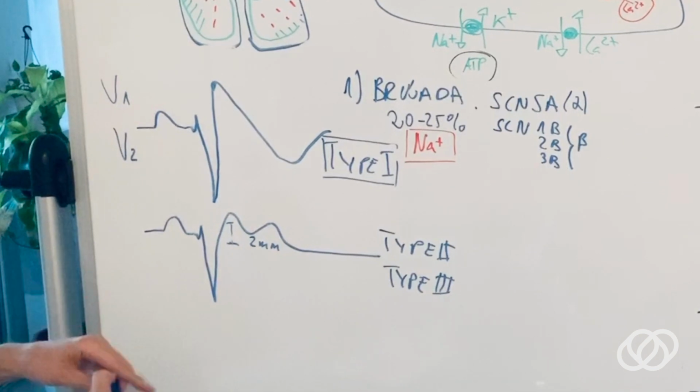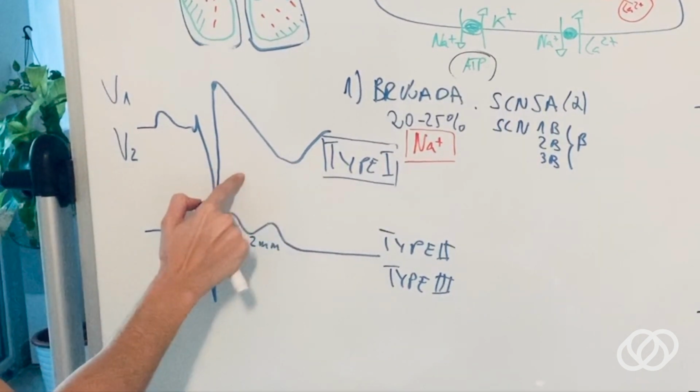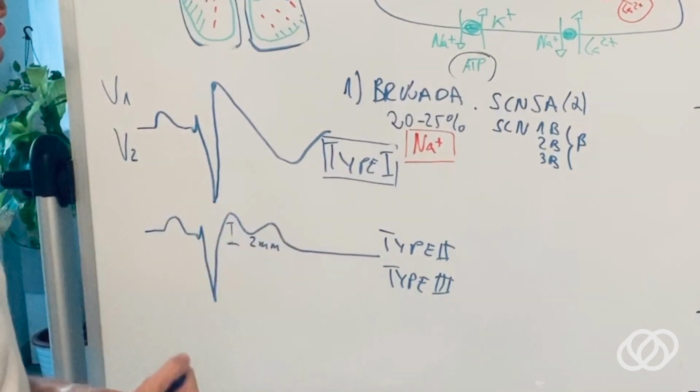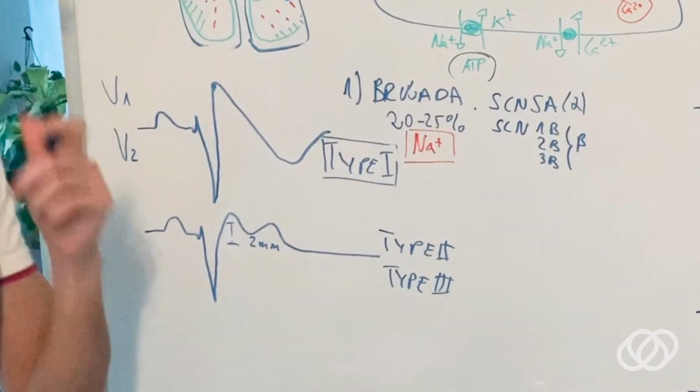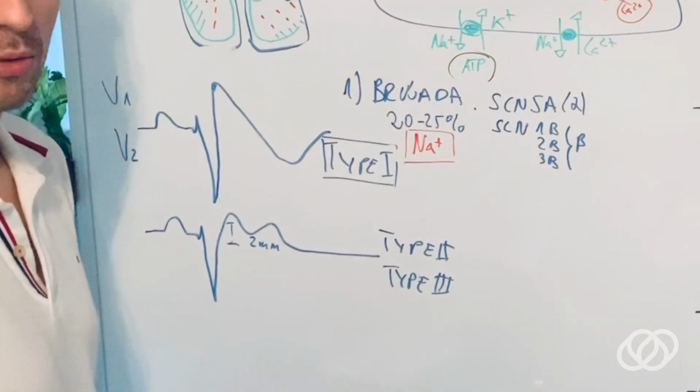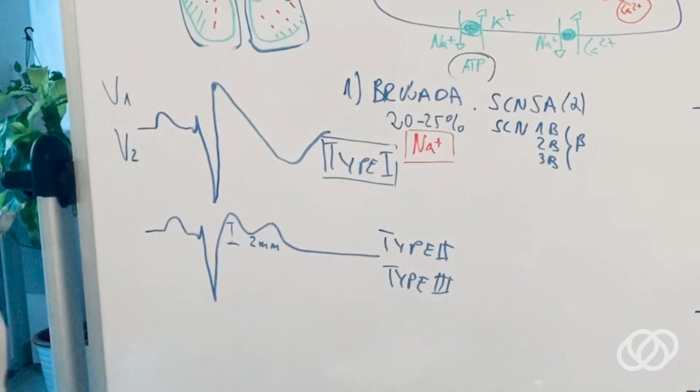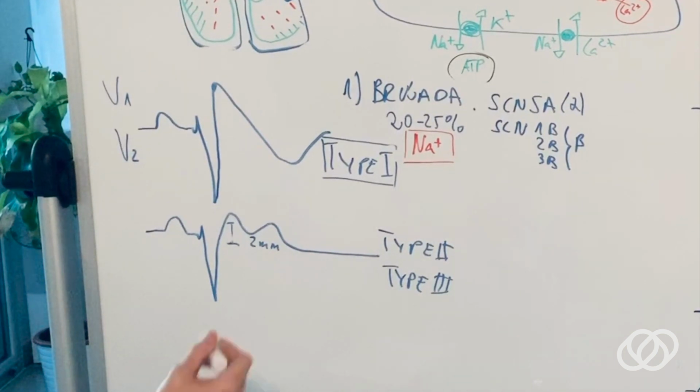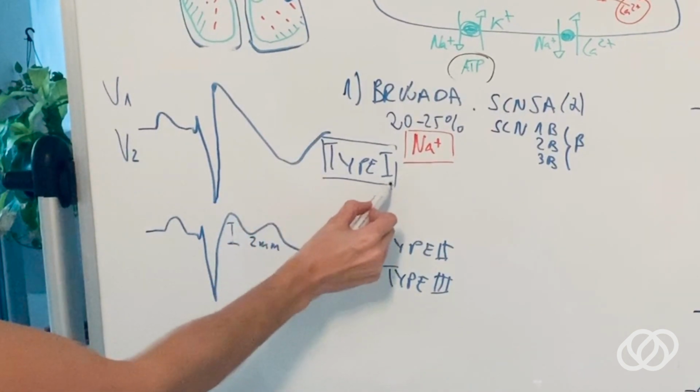We will need type 1 shape in V1 and also some other clinical features, like for example unexplained syncope or some family relatives, or the documentation of ventricular tachycardia to diagnose a person with type 1 Brugada.